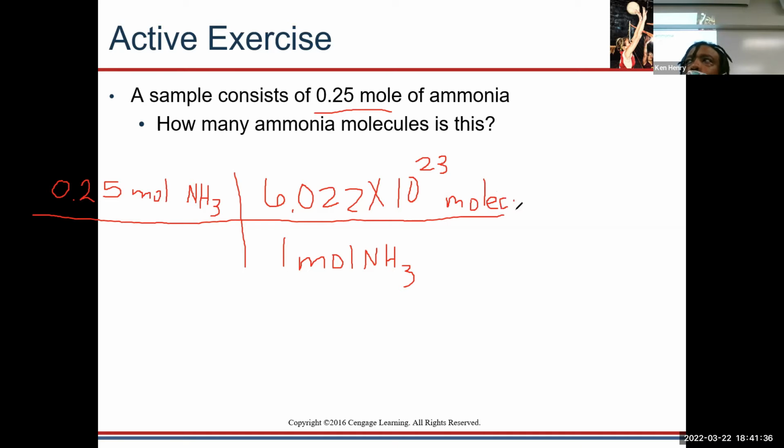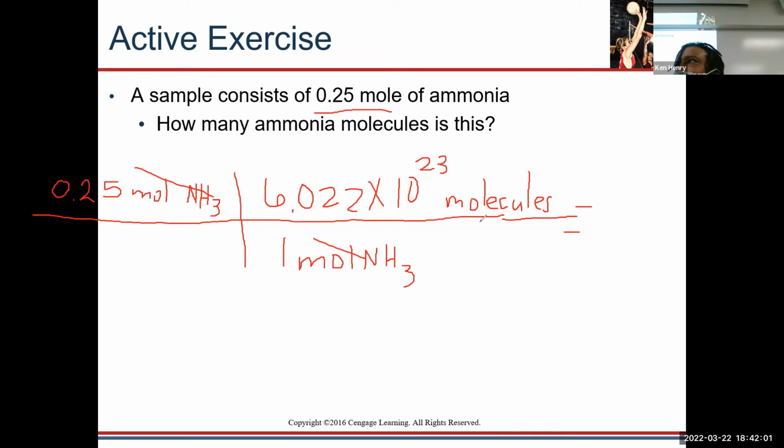And we don't want to mistake moles for molecules. They're not the same, right? Moles is that quantity. Molecules are just a molecule. So moles are going to cancel out. How many sig figs should I have? 2 sig figs.